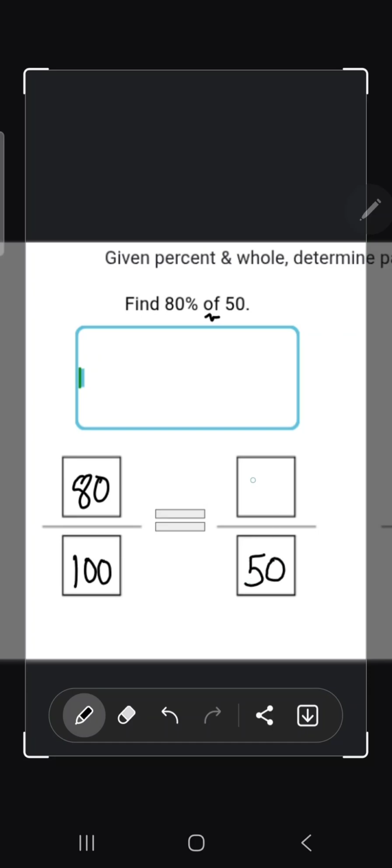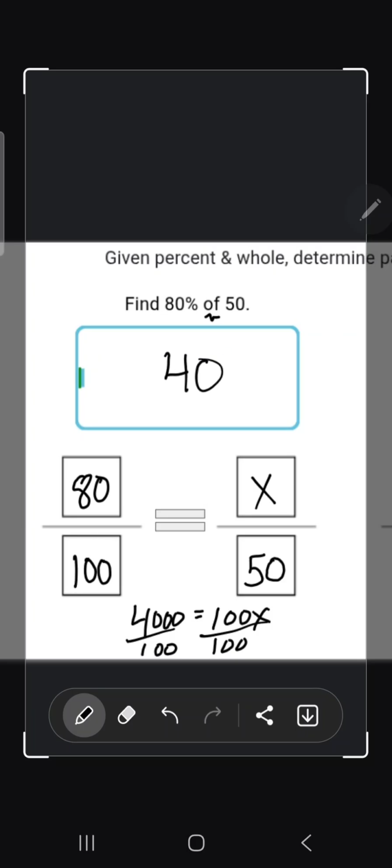We're looking for the part, which goes on the top. In order to solve this problem, we would do 80 times 50, which is 4,000, and you have 100x. The way you would solve that is you would divide by 100. So if we divide by 100, the answer here is 40.